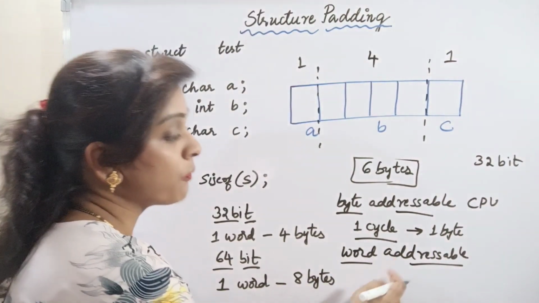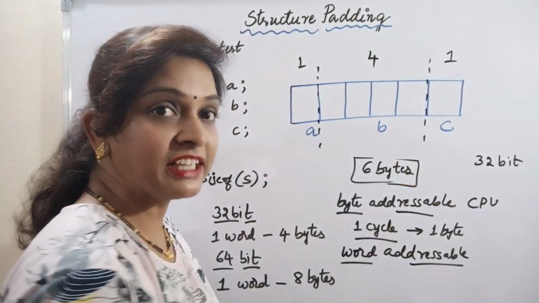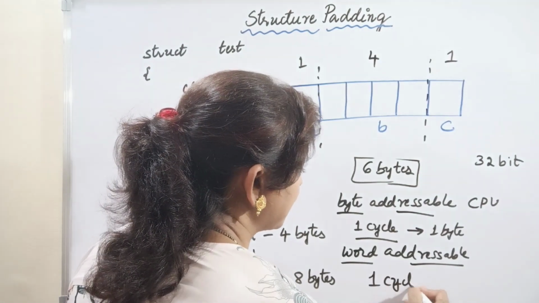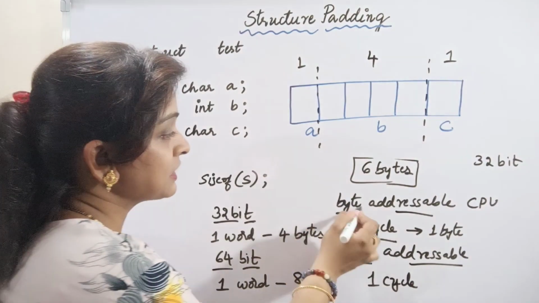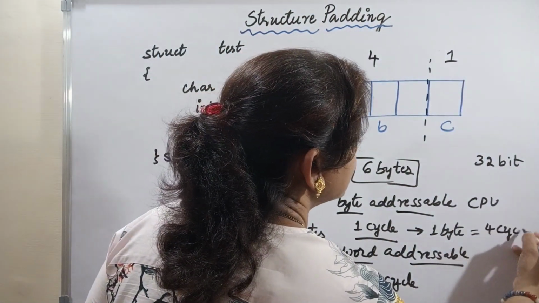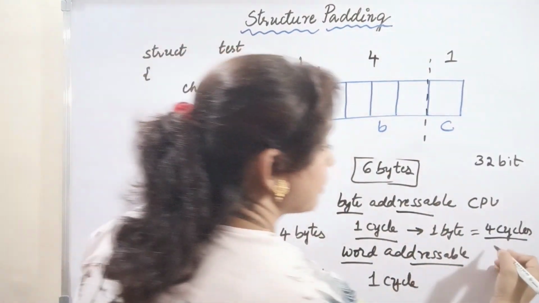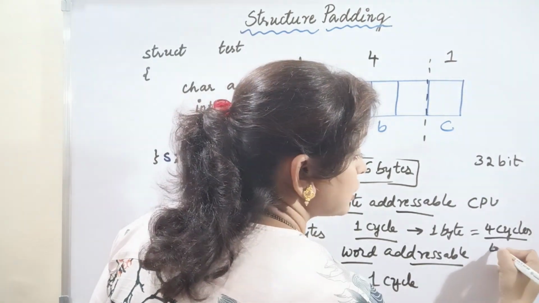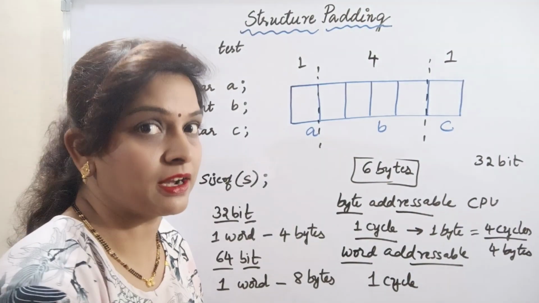If it is word addressable, then I can access this integer data in one single cycle, the complete 4 bytes of data. Whereas in byte addressable, it used to take 4 cycles to fetch the 4 bytes of data, because it has to access byte by byte.